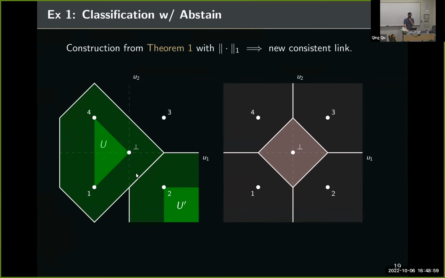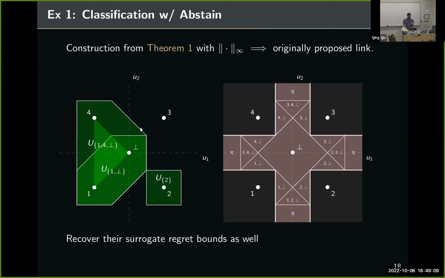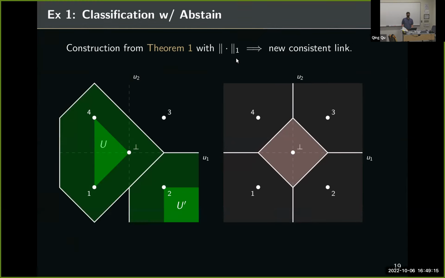And then the rates for these two different norms differ, so you get a different constant. I actually think that the one norm is worse, and I think their original link was the optimal rate. I don't really understand why, but I think we worked that out at one point.